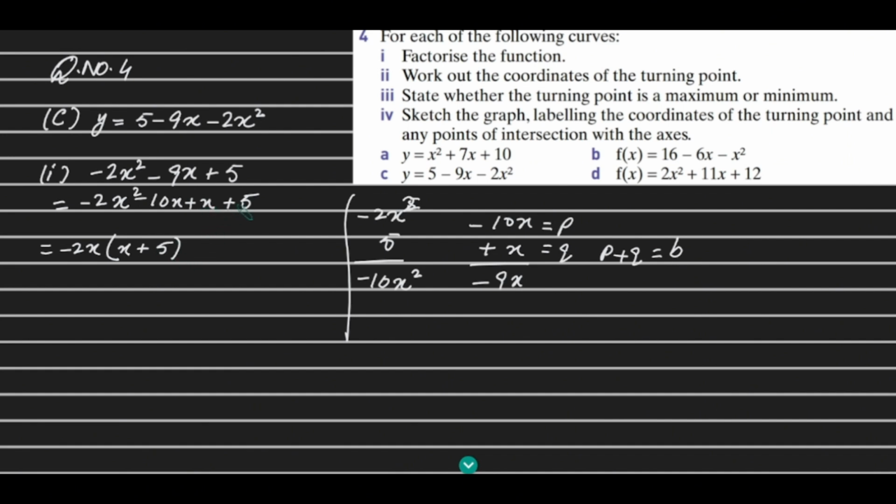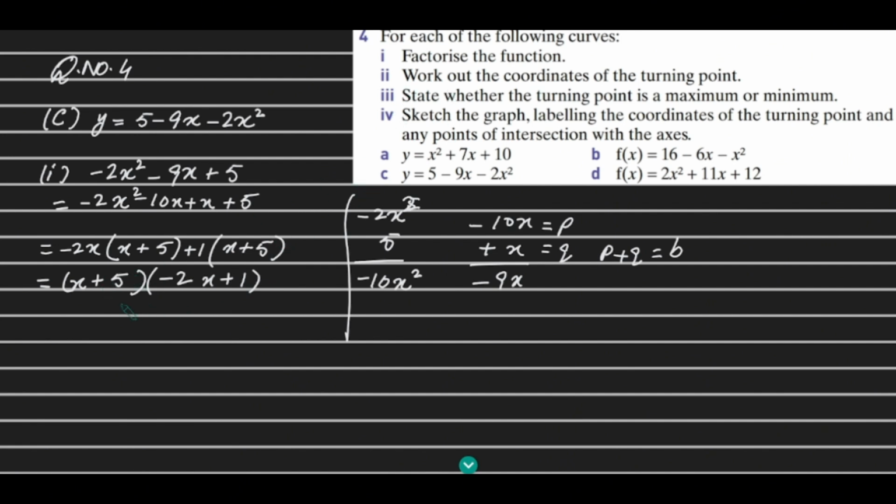In the term plus x plus 5, we write 1 because there is nothing common, so we write 1 and close the bracket. We get x plus 5 in both, common similar terms. We write first x plus 5 and then minus 2x plus 1. This is the solution of the first part.